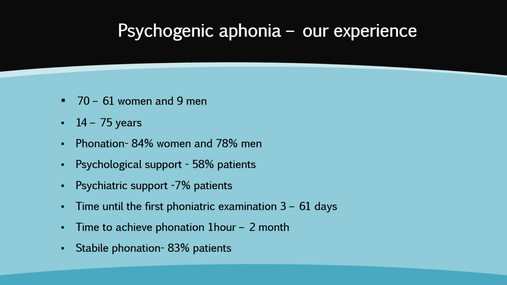Psychological support had 58% of patients, psychiatric support 7% of patients. Time until the first phoniatric examination was from 3 days to 61 days. Time to achieve phonation was from 1 hour to 2 months, and stable phonation had 83% of our patients.